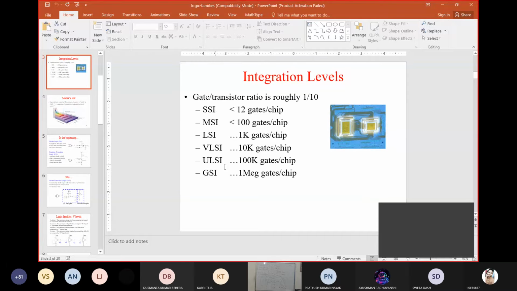What are ULSI and GSI? Ultra large scale. What will GSI be? What does the G stand for? Giga.